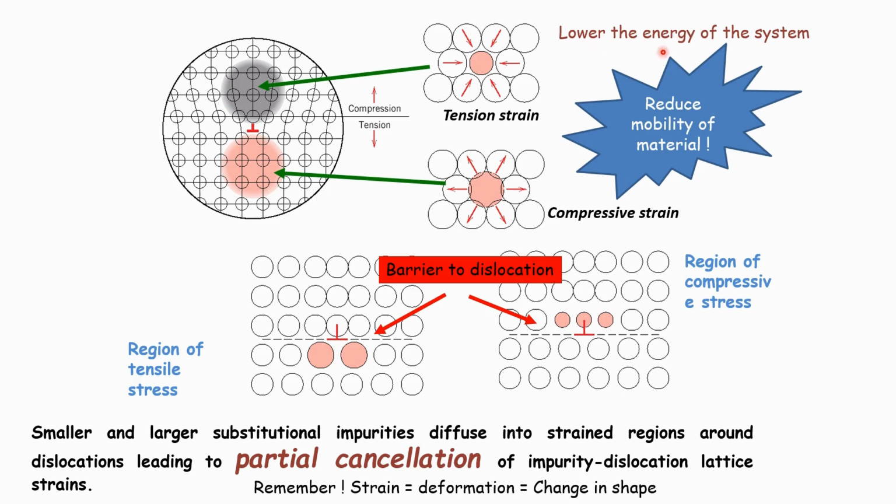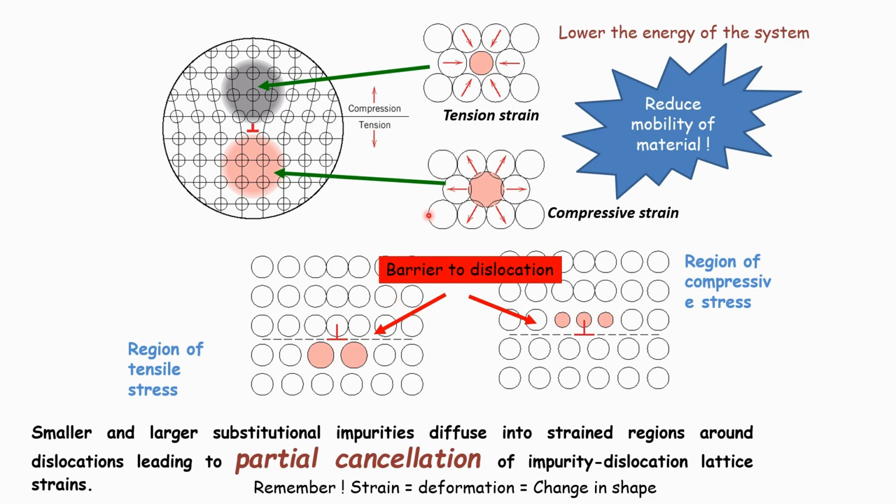Right, so solid atoms always have a strain field that interacts with a dislocation strain field. When we talk about the solid atom behavior, they tend to segregate around a dislocation, and as a result, it will reduce the overall strain energy.